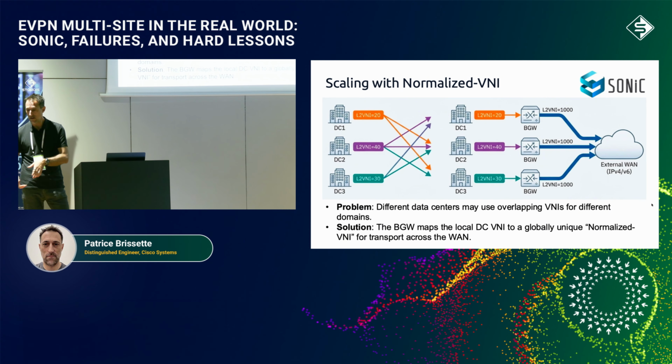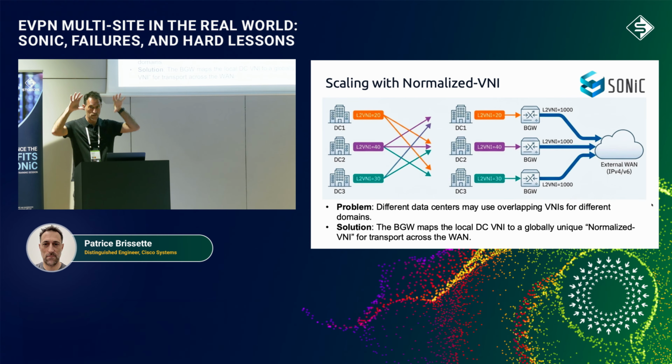I want to grow it with more pods, as I was showing in the initial picture. But then, what value am I going to use for the VNI? Because maybe what I'm going to extend already has different VNIs. So each time you create a new domain, you want to normalize it. You want to have a value that will stitch them up, which is probably not a value that others are using. So it allows you to grow.